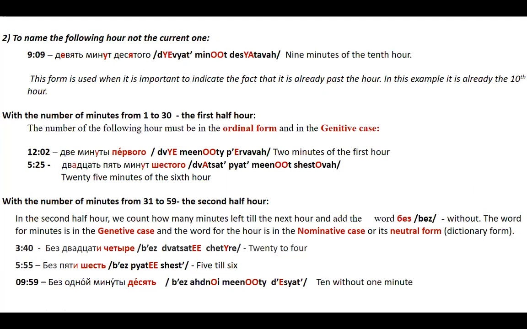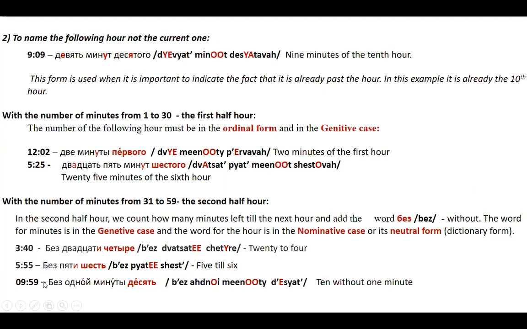So we say без 20 4, and 4, as an hour, has to be in nominative case in a neutral form, but the previous minutes have to be in genitive case.